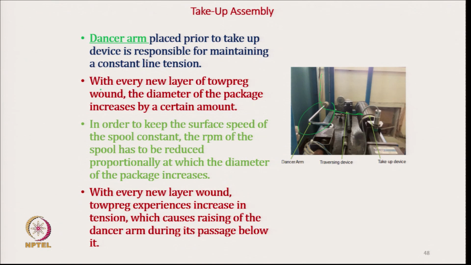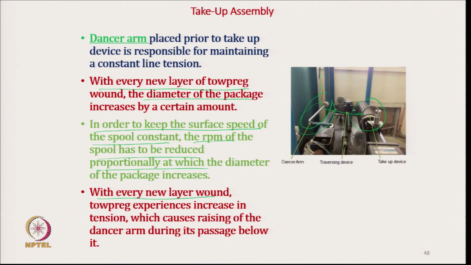With every new layer on toe preg in the take up package, the diameter of the package increases. In order to keep the surface speed of the spool constant, the RPM of the spool has to be reduced proportionally, and this is done with the help of this dancer arm.